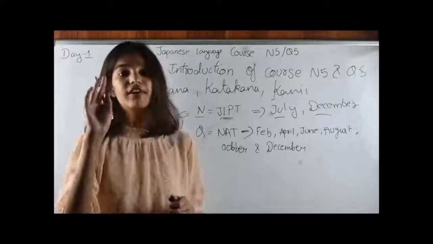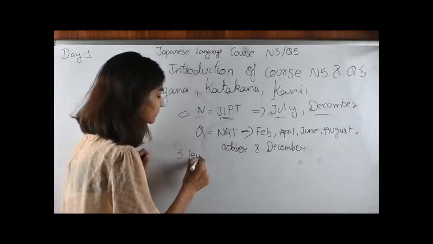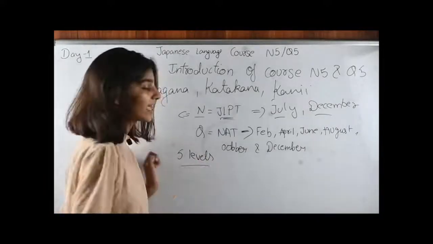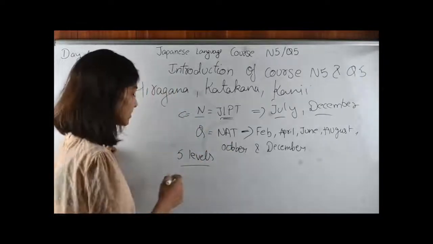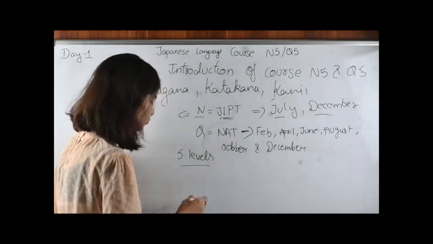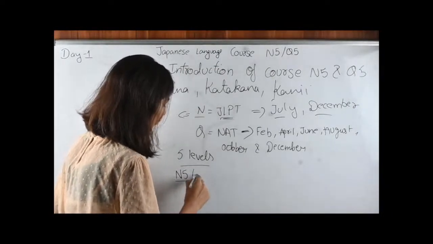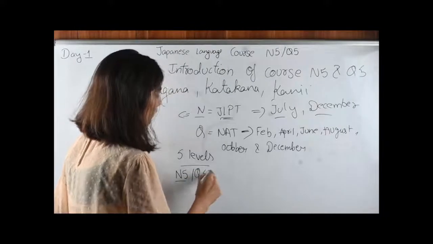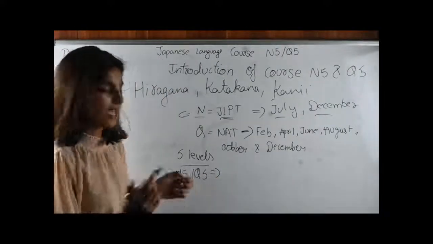Basically, there are 5 levels for the Japanese language. The easiest one is N5 or Q5, which we will be studying in these videos. First, you have to clear this one and then move ahead.